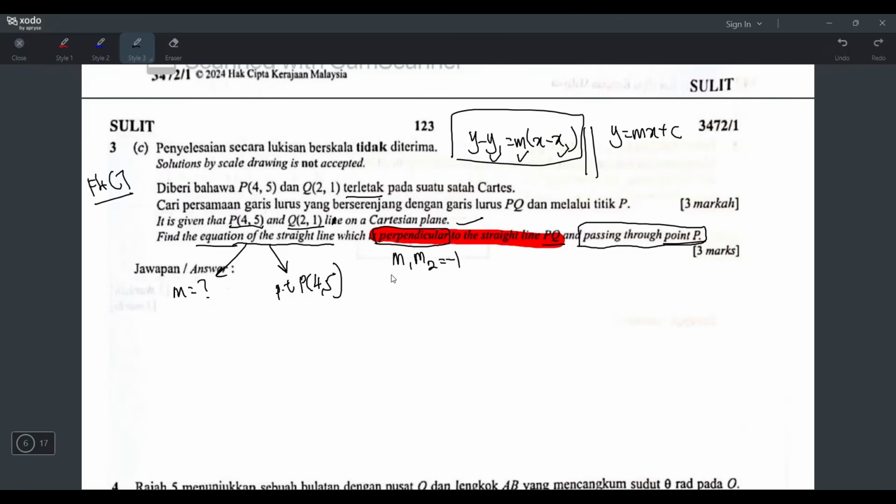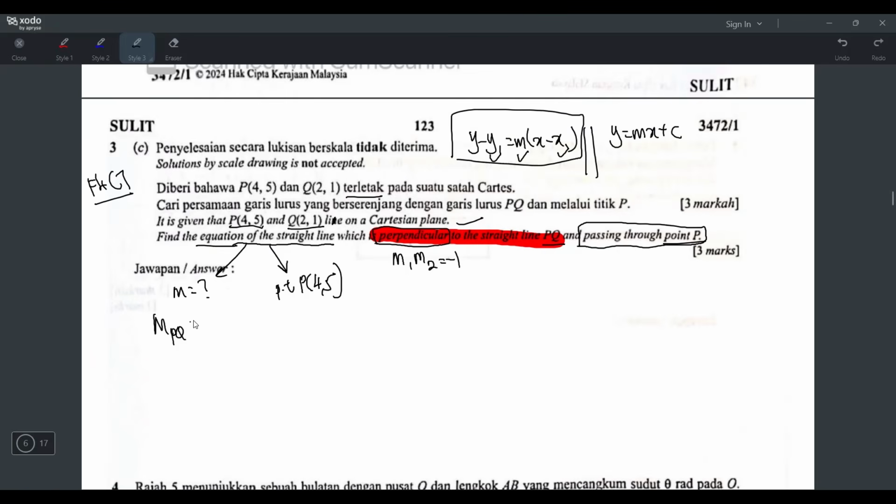So here it says perpendicular to PQ. I can find the gradient of PQ first, and that will be the M1. I'm trying to find the M2, so I'll take -1 divided by the M1, then I get my gradient. After I have these two things, sub into this formula, proceed, and you will get the equation. So what's the plan?